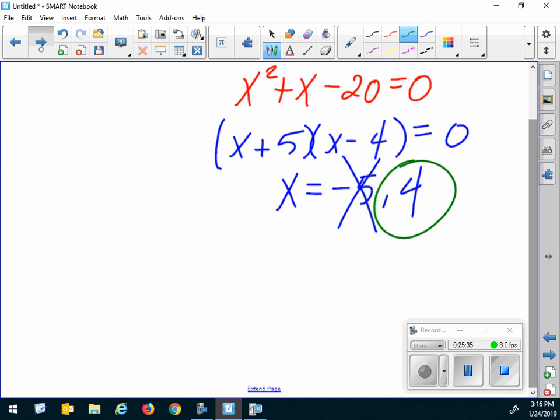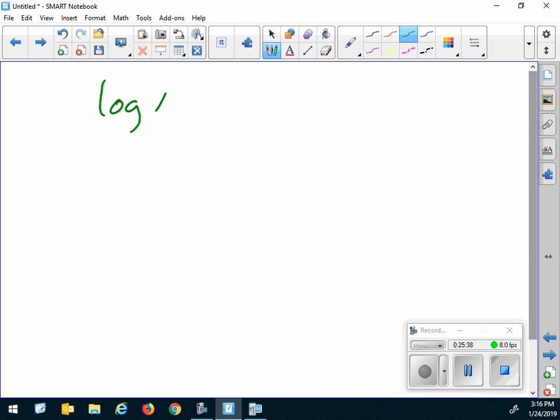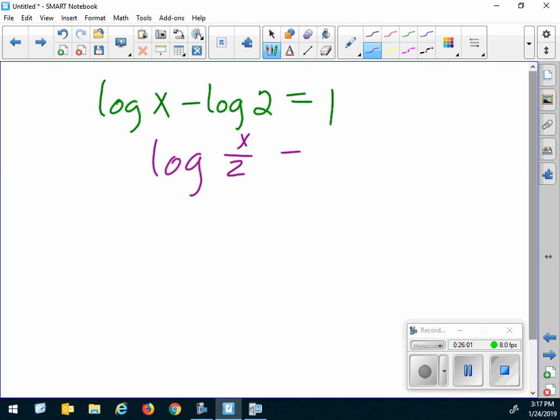Here we go. Last one. Log of x minus log of 2 equals 1. Condense it. This is log of x over 2.